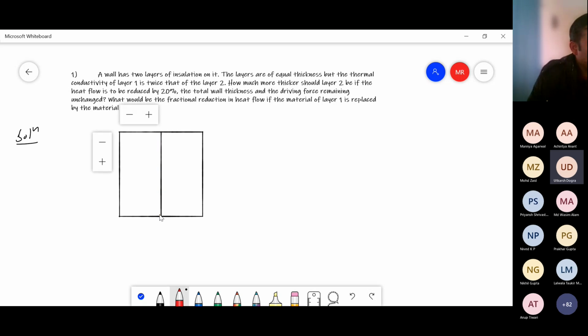In the first case, the thickness is the same. So let's assume that this thickness is L and this thickness is also L.